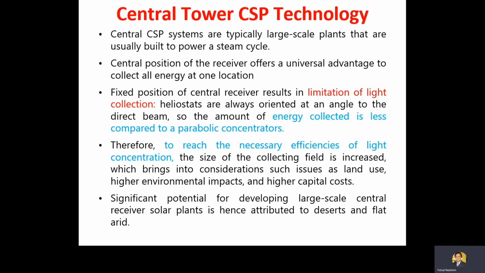We also know that these central concentrated solar power technologies are good for areas which have direct normal radiation, and I have explained to you that most of these areas include deserts. So one reason is the availability of direct normal radiation or beams. The second is the land use, and because of both reasons, these power plants are generally installed in the desert.